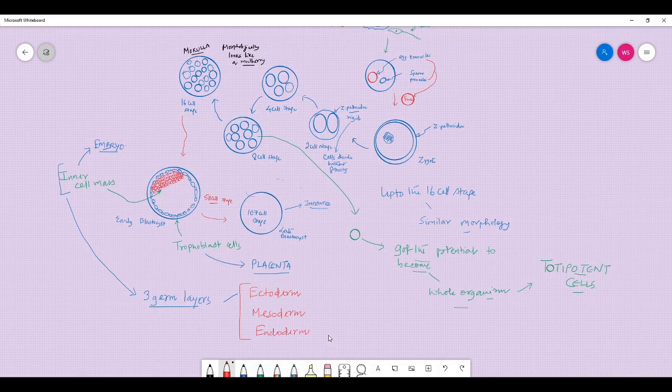The ectoderm forms the epidermal tissues and the nervous system.